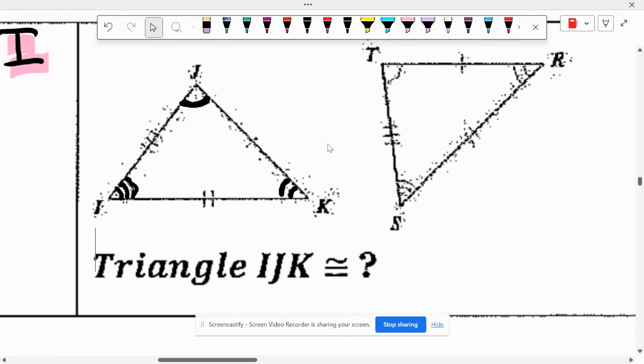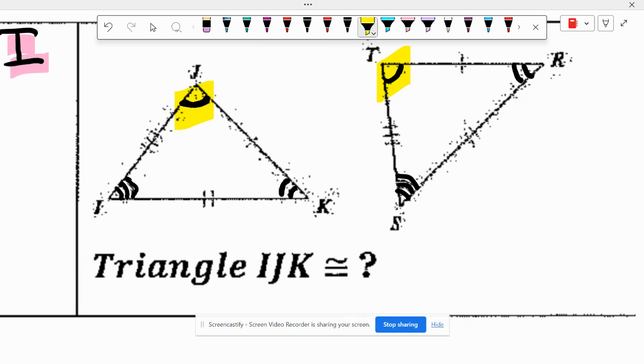You have 1 at J, 2 at K, and 3 at I. But you also have 1 arc at T, 2 congruent arcs at R, and 3 arcs at S. So you can use the number of arcs to compare the corresponding angles.